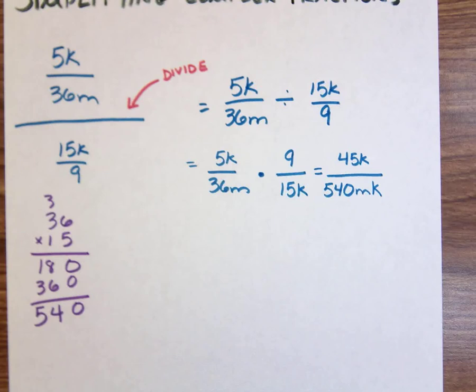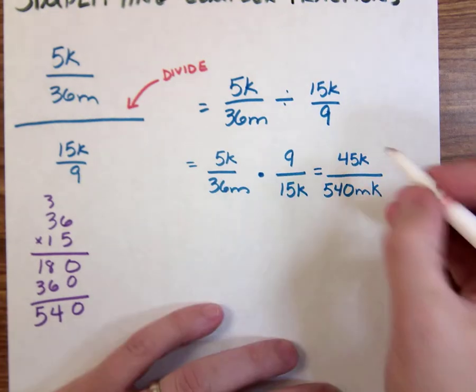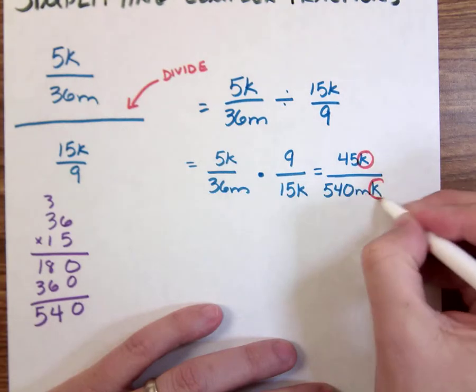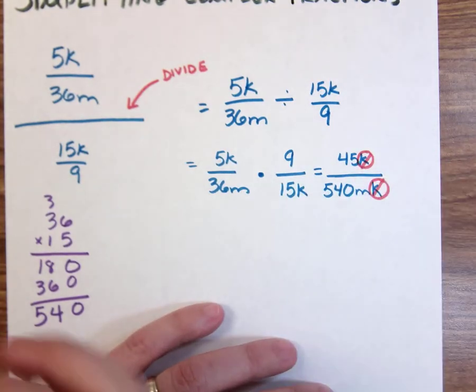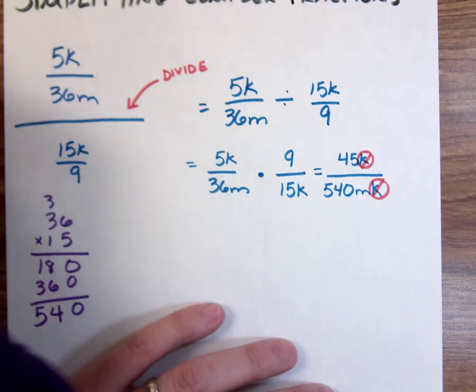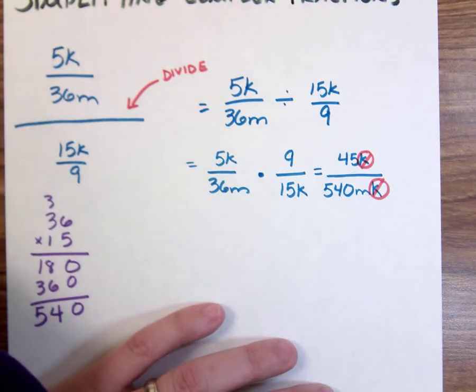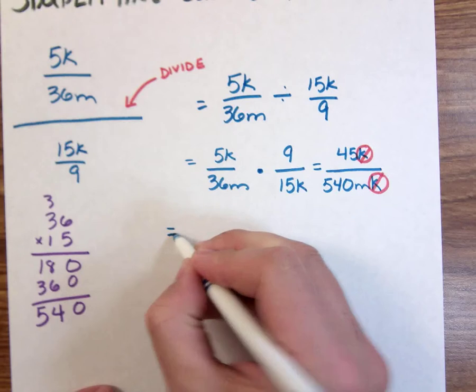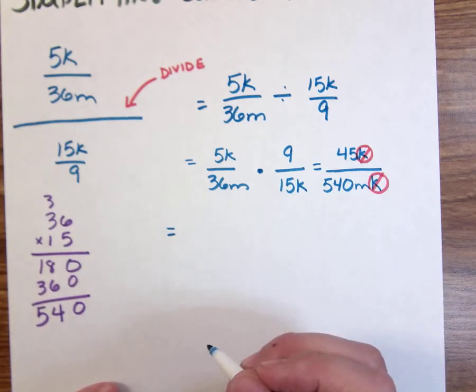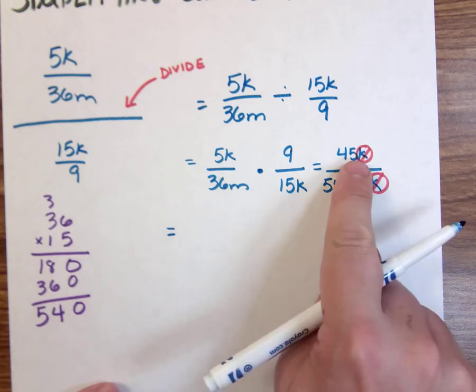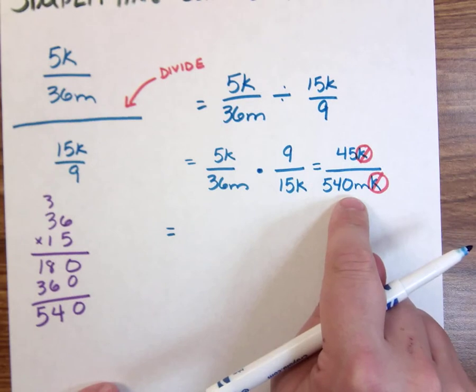So now the question is, can I reduce this? And the answer is, yeah, I for sure can reduce it by canceling these k's. K over k is 1, so those can go away. The real question is, can 45 over 540 be reduced? And the answer is yes. I don't know by what, though, but I do know that 45 and 540 can both be divided by 5. This ends in a 5 and this ends in a 0, so they can both be divided by 5.